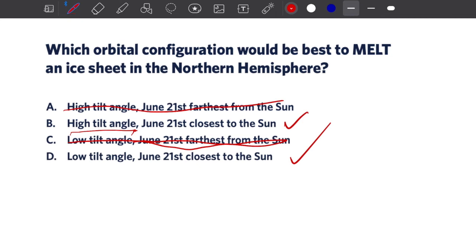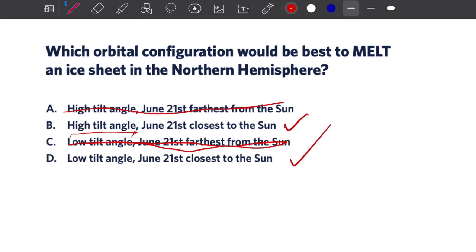To melt an ice sheet, it would be helpful to have a hotter than average summer in the northern hemisphere: a high tilt angle, plus the northern hemisphere summer solstice on 21st June occurring at a point where the orbit is closer to the sun. At that point the summer is hotter than average. There is higher contrast in the seasons, and so this will help to melt ice sheets.